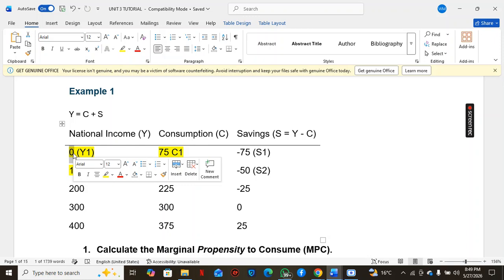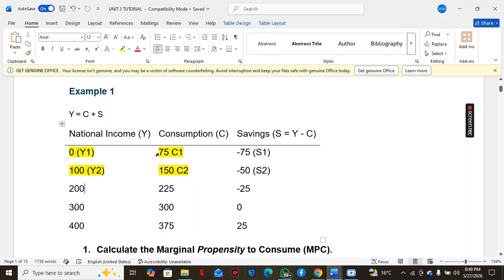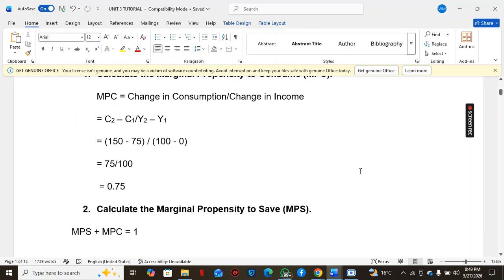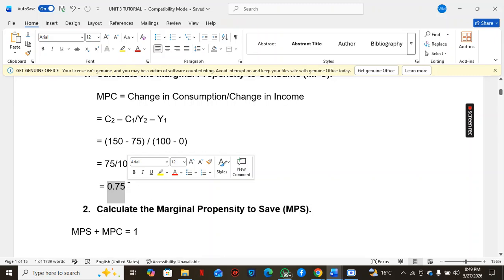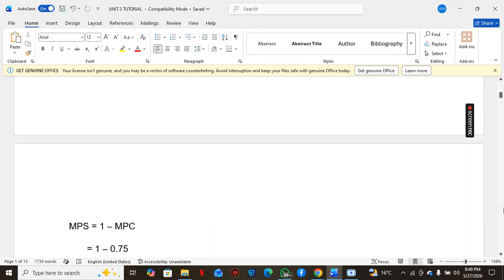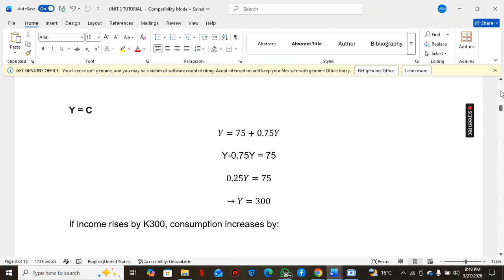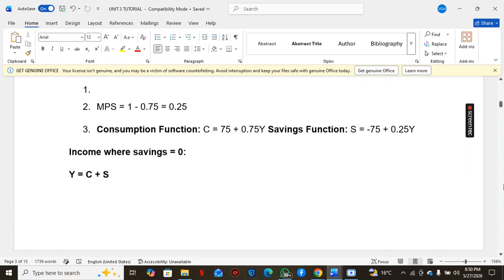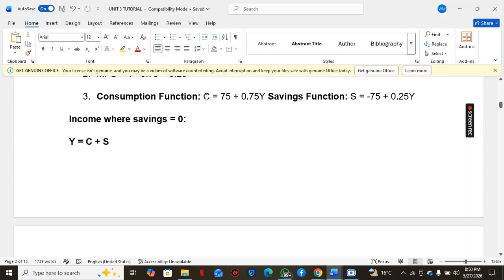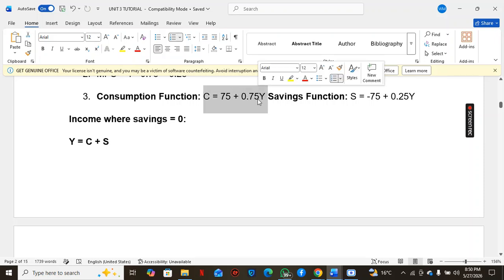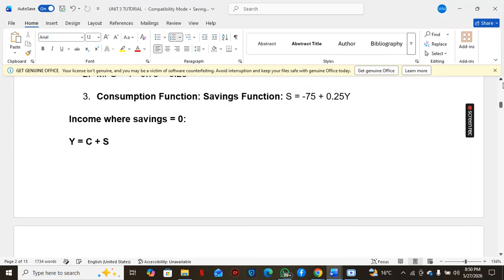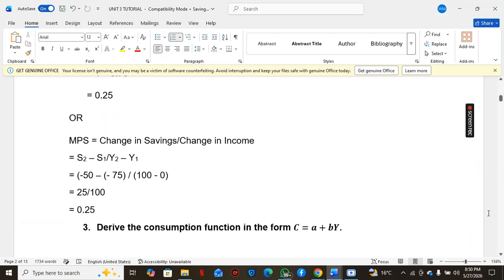So 75 is our autonomous consumption. Our marginal propensity to consume is 0.75. So our consumption function is C equals 75 plus 0.75Y.